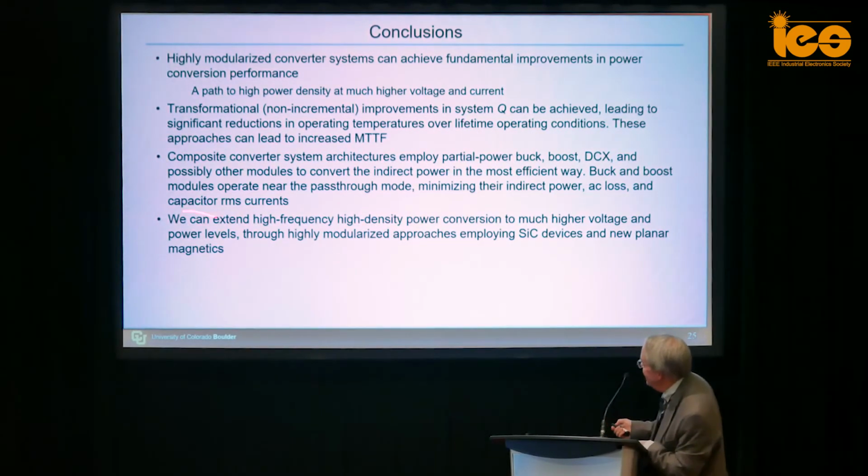So I would claim that we can extend high-density, high-frequency power conversion to much higher voltage and power levels with such modular approaches, and it's an interesting problem then to look at higher power applications that benefit from high power density, such as electrified transportation and photovoltaic string inverters.